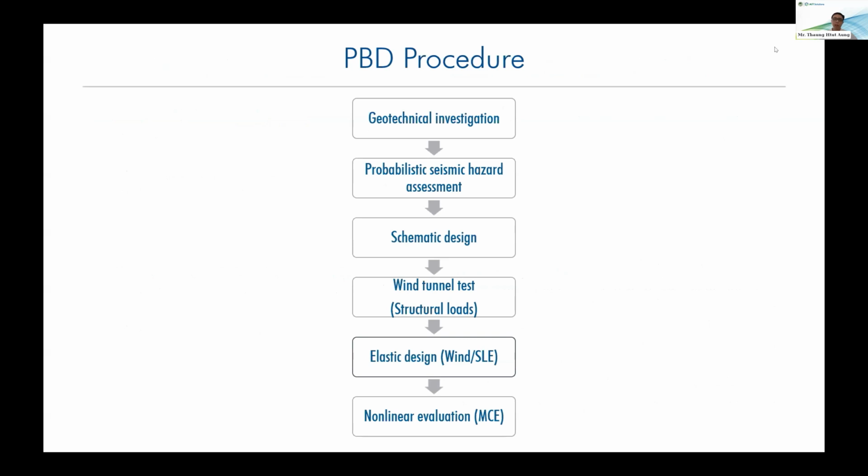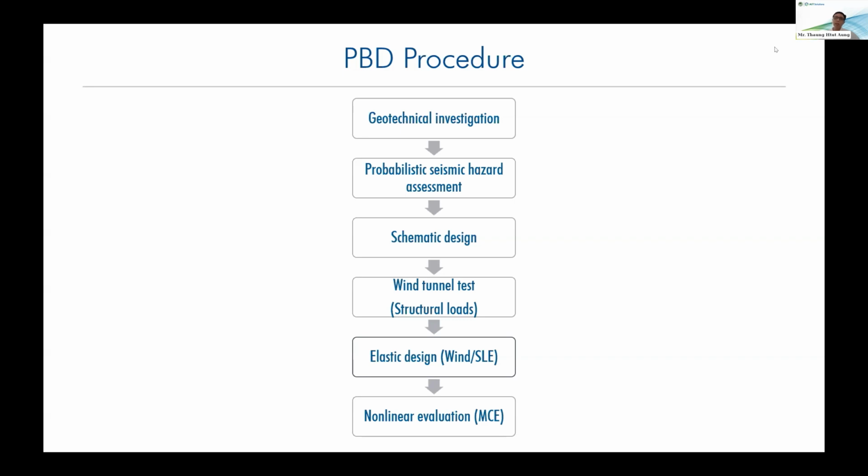For the PBD overall procedure, first we engage the geotechnical consultant and carry out the assessment, then convey the geotechnical assessment results to the PSHA consultant, and the PSHA consultant carries out the PSHA analysis. The structural consultant carries out the schematic design for structural members, preliminary member sizes.